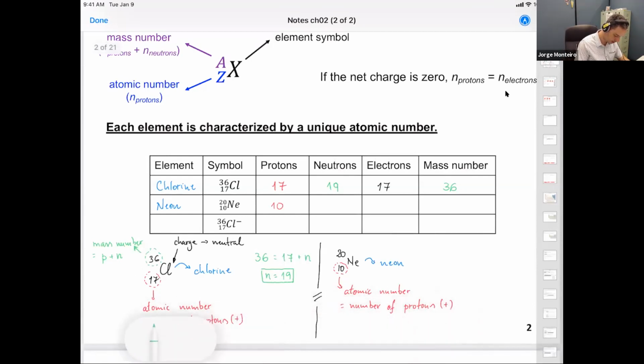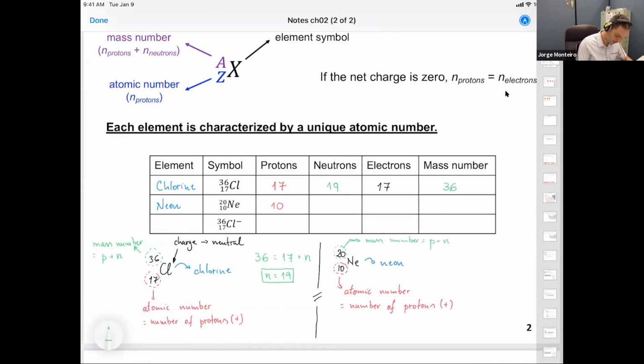Now let's look at the top left corner. Here we are going to find the mass number. By definition, this is the number of protons plus the number of neutrons.